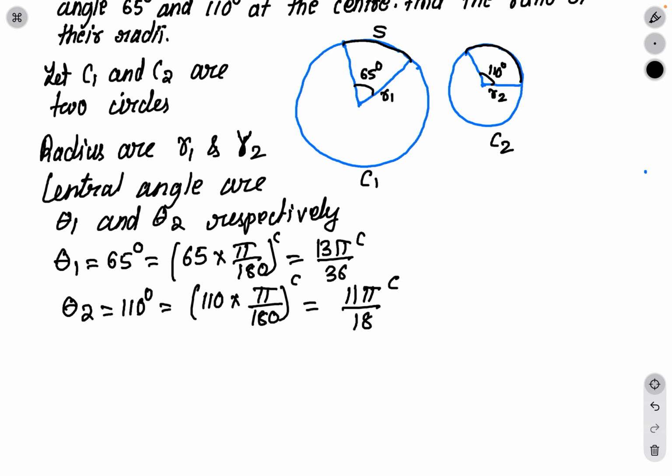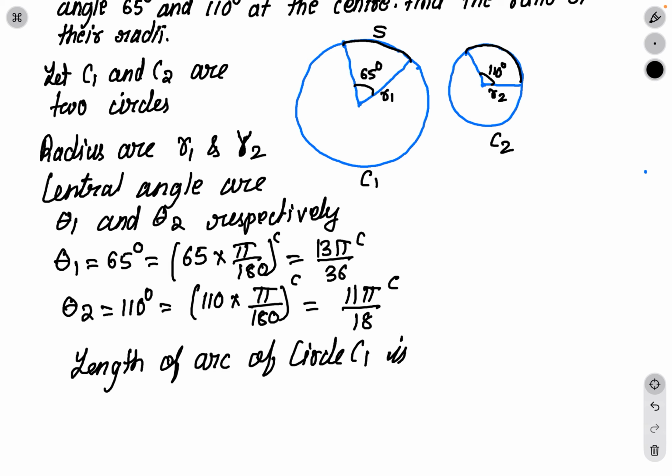Now length of arc is same. So length of arc of circle C1 is S is equal to R1 theta 1.